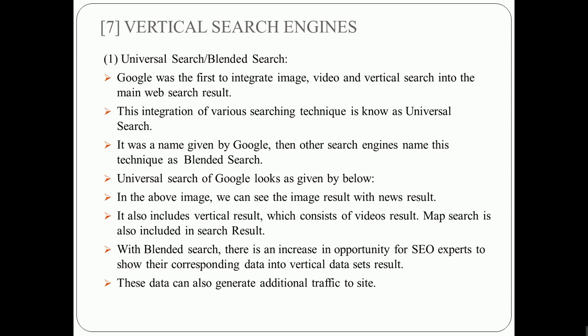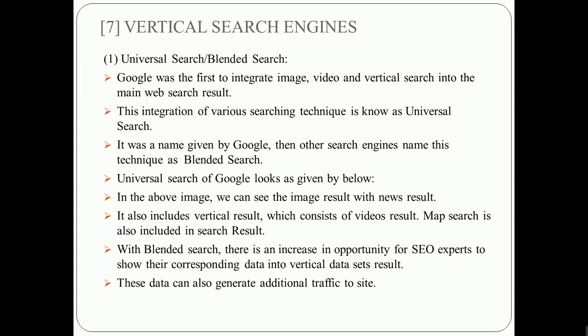This integration of various search techniques is known as a universal search. All the integration of image, video and vertical search technique combination is called a universal or a blended search.